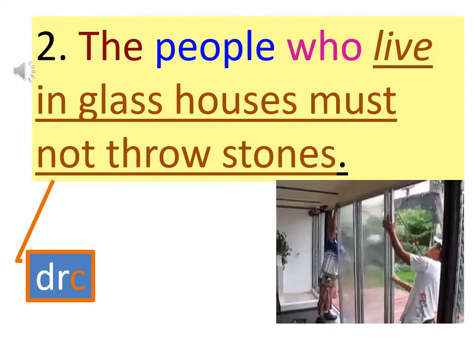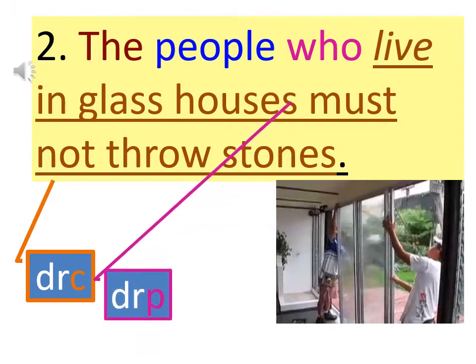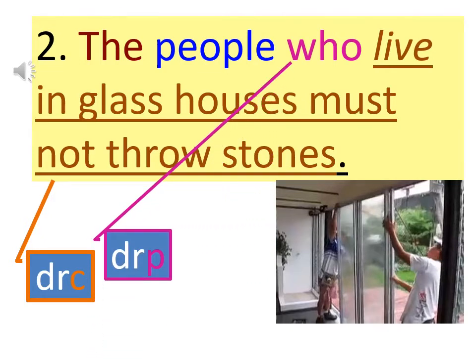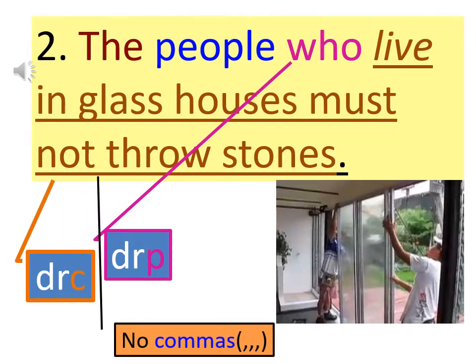Defining relative clause. Defining relative pronoun. No commas. Noun and relative pronoun.